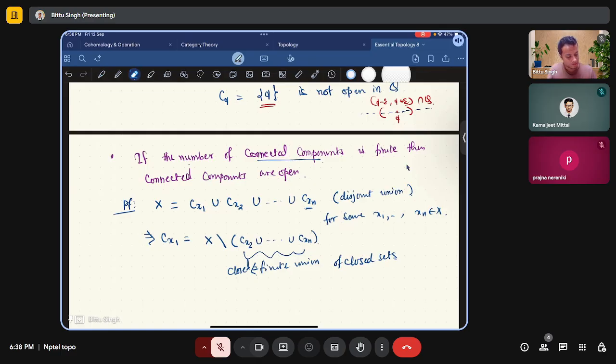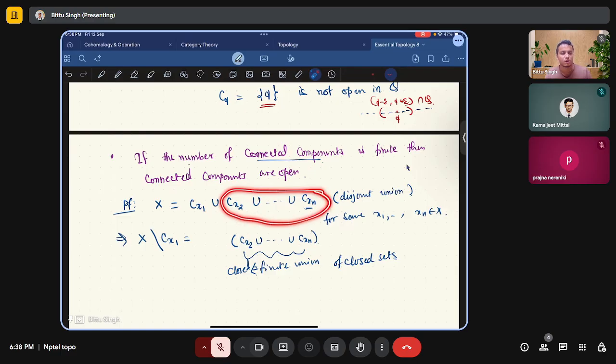So this is equivalent to saying that X minus Cx1 is closed, right? Just remove the part Cx1, and what remains will be the other parts. So X minus Cx1 is a closed set. The complement of Cx1 is closed, therefore Cx1 is open.